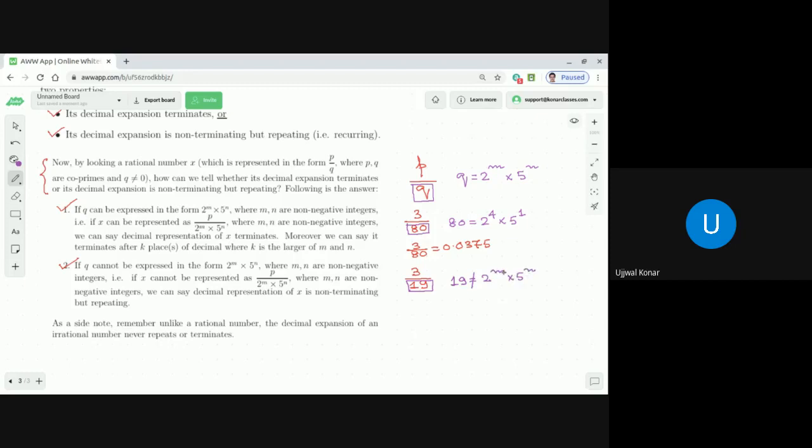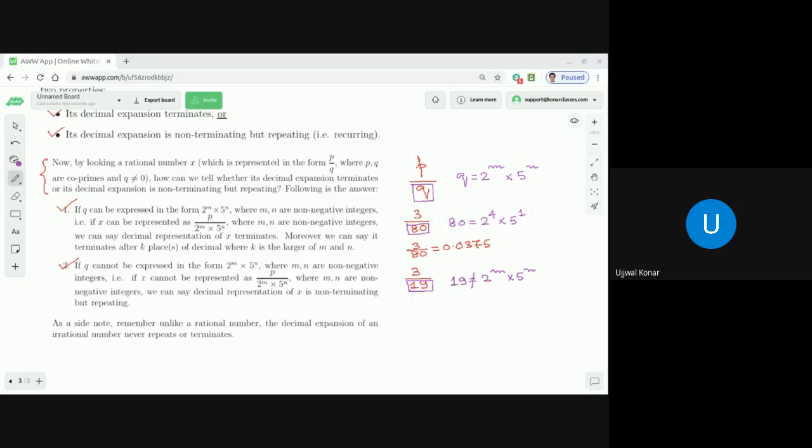Hence, you can say its decimal expansion is non-terminating, but it is recurring. You got my point, dear students? If you make a long division, you will find that it is actually repeating. Okay, so this is what I wanted to discuss about the decimal expansion of a rational number.